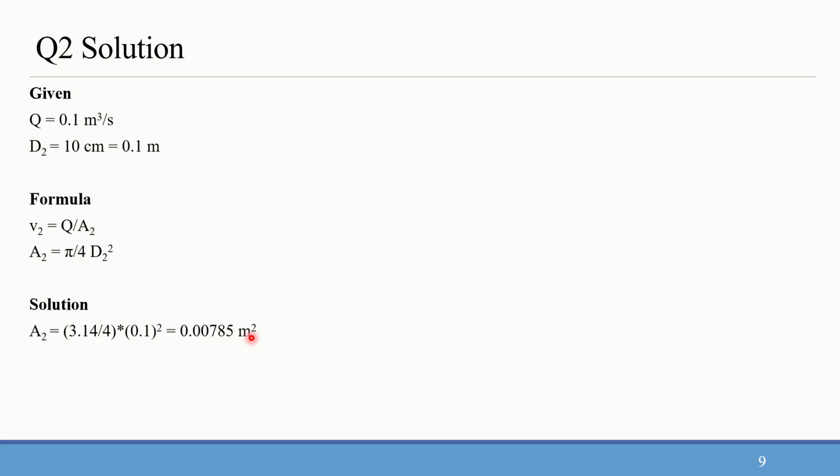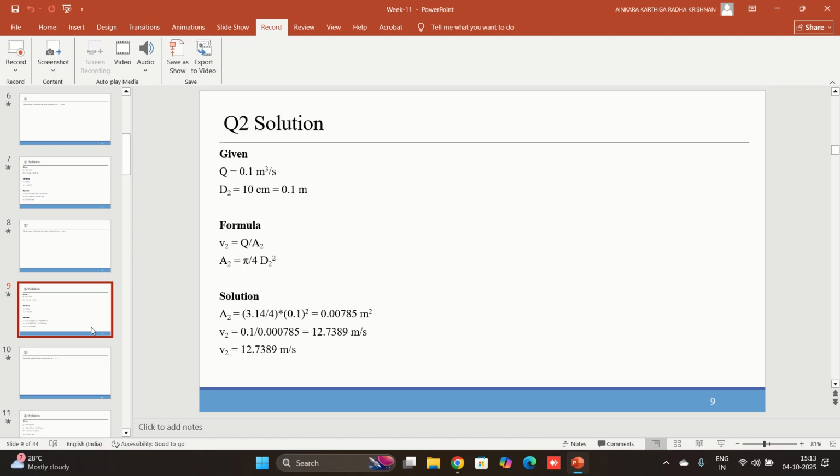A2 is 0.00785 meter square. Now we found the area, we need to substitute it back in the velocity formula. Velocity is equal to flow rate divided by the cross sectional area. So V2 is equal to Q by A2. Q is 0.1 divided by 0.00785.